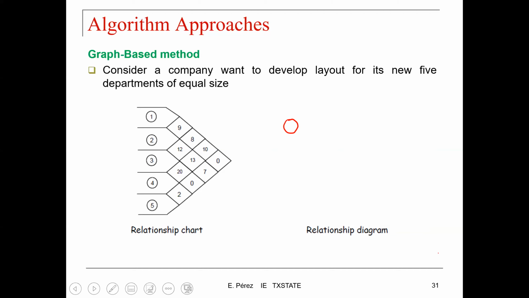So I have 1, 2, 3, 4, and let's put 5 here. And then I can start linking those as a network. From 1 to 2, this is 9.